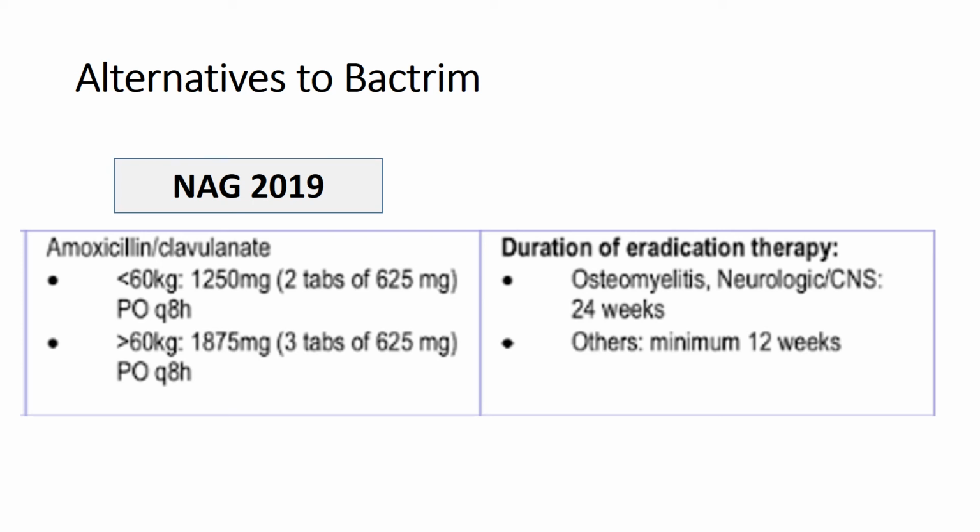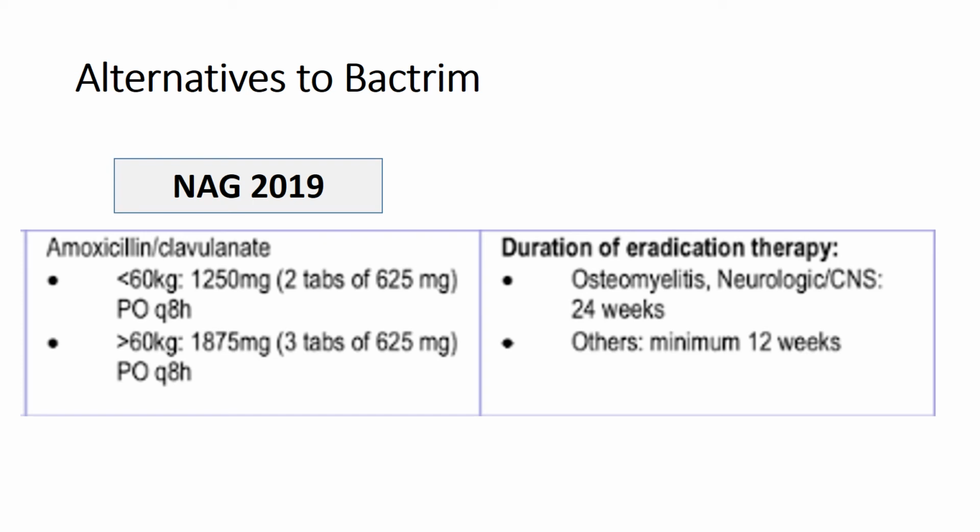If you look at this table, if your patient is less than 60 kilos, you would use 2 tablets of 625 milligrams every 8 hourly. And if your patient is more than 60 kilos, you will use 3 tablets of 625 milligrams every 8 hourly.